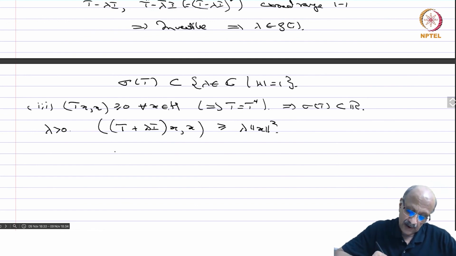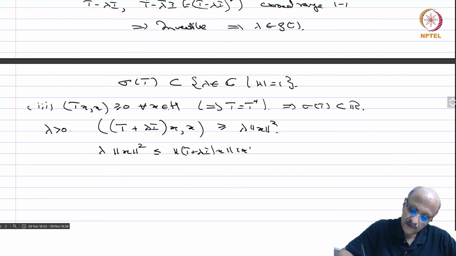Okay, and therefore by the Cauchy-Schwarz inequality, lambda times norm x square is less than or equal to norm of (T plus lambda I)x times norm x, and therefore norm of (T plus lambda I)x is greater than or equal to lambda times norm x.